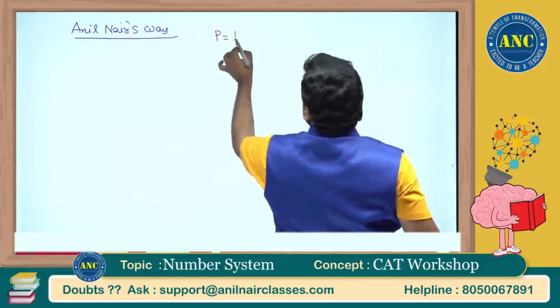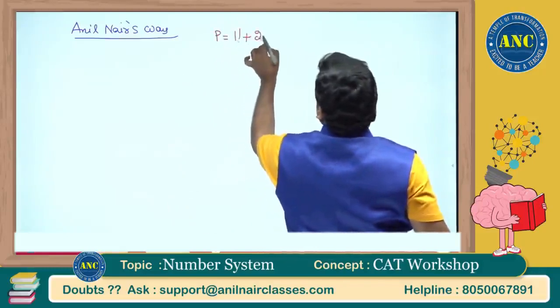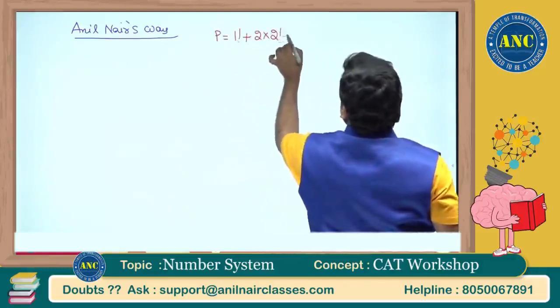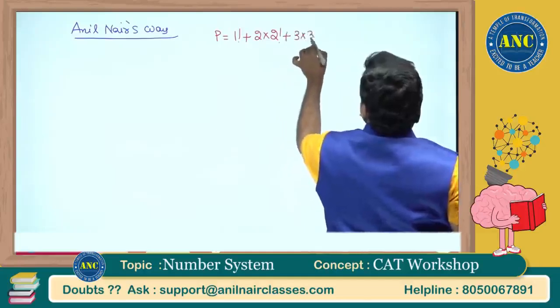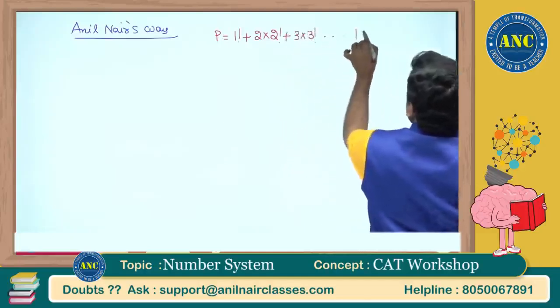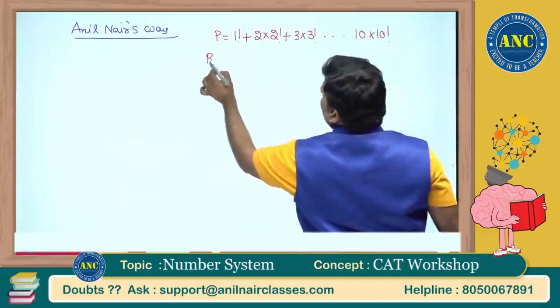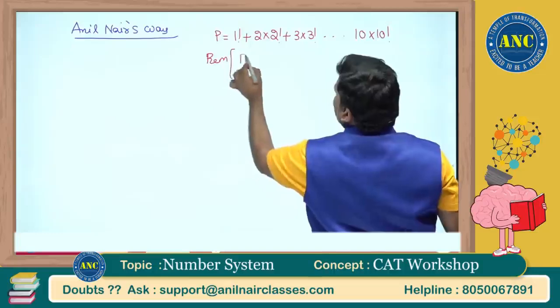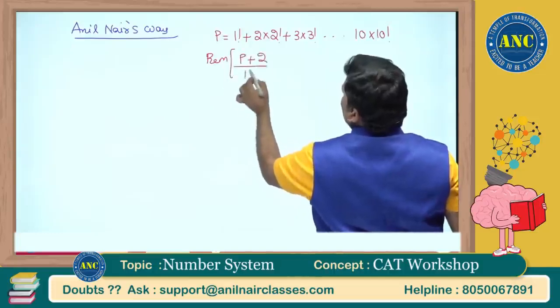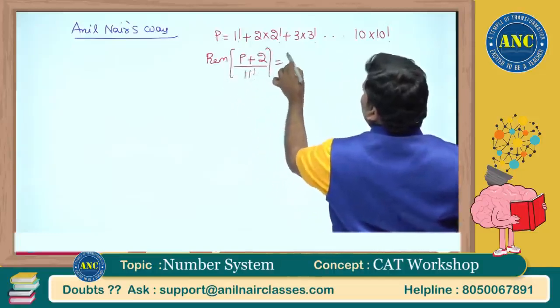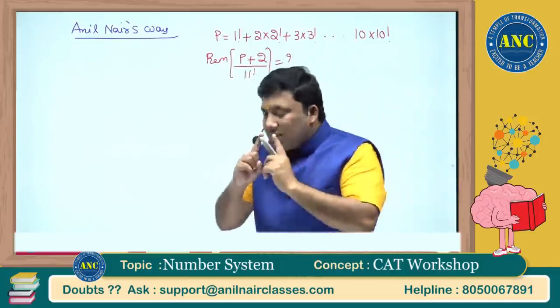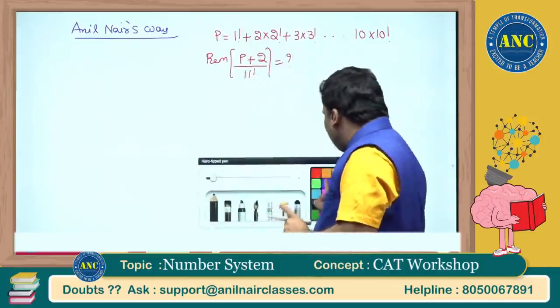The question is, P is 1 factorial plus 2 into 2 factorial plus 3 into 3 factorial and so on up to 10 into 10 factorial. The question is the remainder when P plus 2 is divided by 11 factorial. Yesterday we discussed one beautiful concept. I will repeat it.